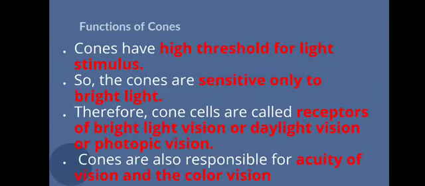Coming to the functions of cones, cones have a high threshold to light stimulus, so the cones are sensitive only to bright light. These receptors are called bright light receptors, responsible for bright light vision or daylight vision or photopic vision. Cones are also responsible for acuity of vision and color vision.